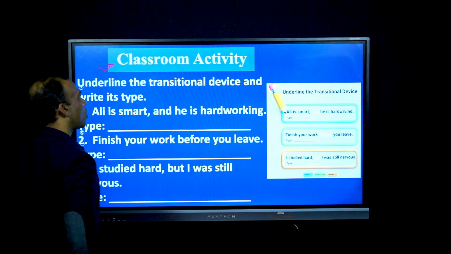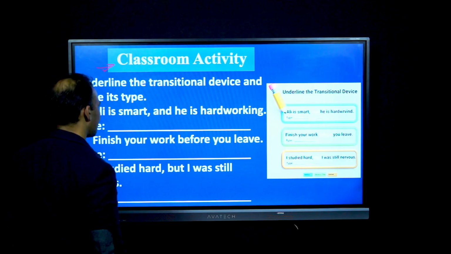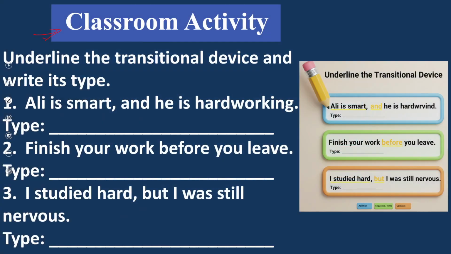This is a small classroom activity that we are going to do here in the class. Yes, look at the statement. Underline the transitional device and write its type. First we have to underline the transitional device and then we have to write what the type is. Ali is smart and he is hardworking.